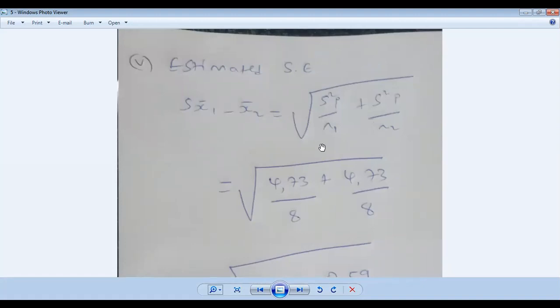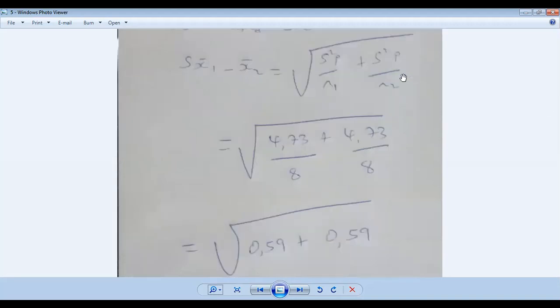So this gives us the square root of 4.73 over 8 plus 4.73 over 8.